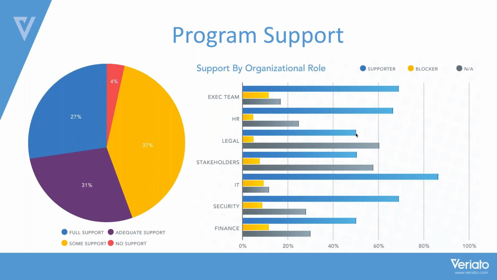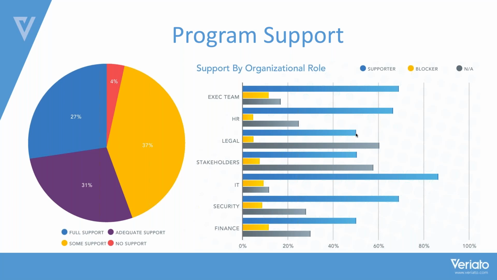So we found, for you guys in the audience, if you look on the left-hand side here, that only a little more than a quarter, the upper left-hand blue corner, 27%, had full support by their C-suite and by any of the teams you see. You can see the names on the right-hand graphic: exec, HR, legal, stakeholders, IT, security, and finance.